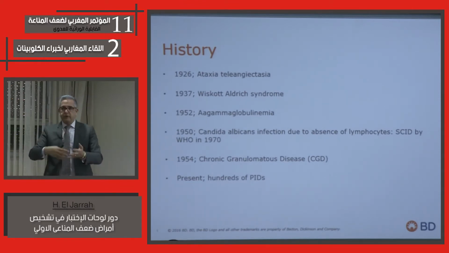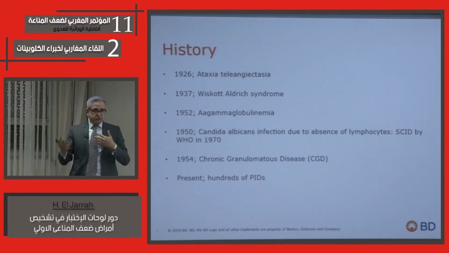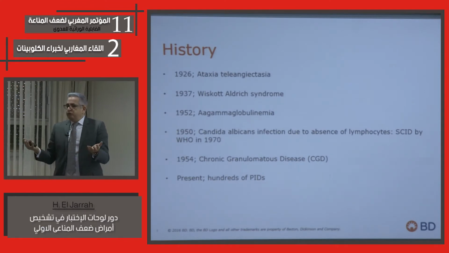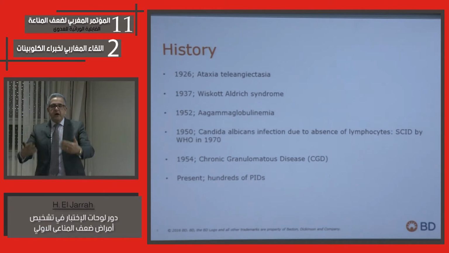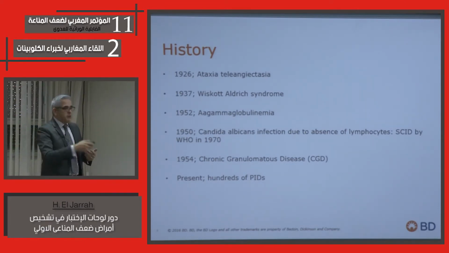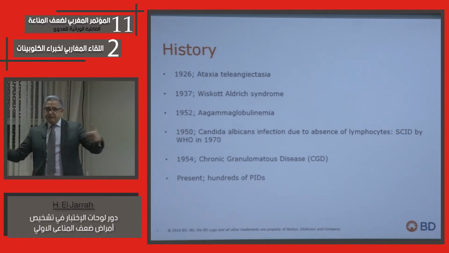Many we know, they are adhesion molecules, receptors, ligands, and so on. But there are many others where we do not really know what they do. This is how we are now gaining more and more insights, and this is why the number of primary immune deficiencies in terms of the etiologic agent is increasing.